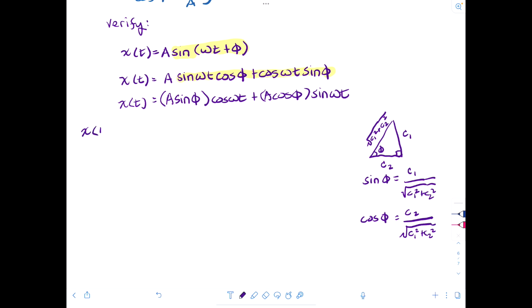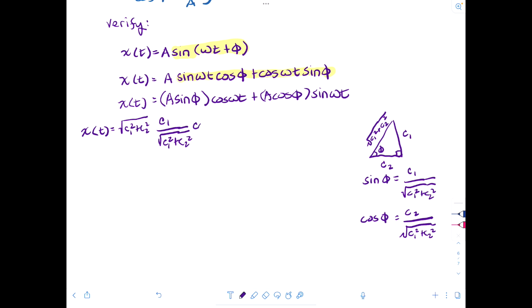So plugging this in, we will have x at t equals A, which was the square root of C1 squared plus C2 squared, times sine phi, which is C1 over the square root of C1 squared plus C2 squared.